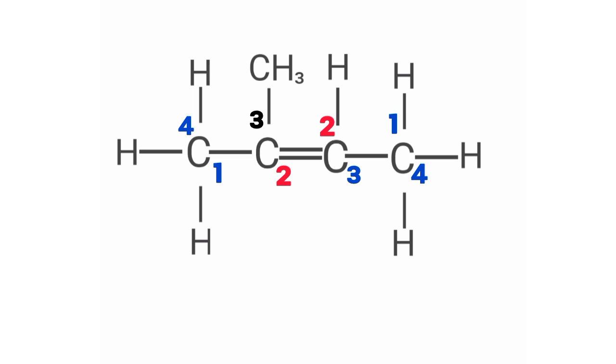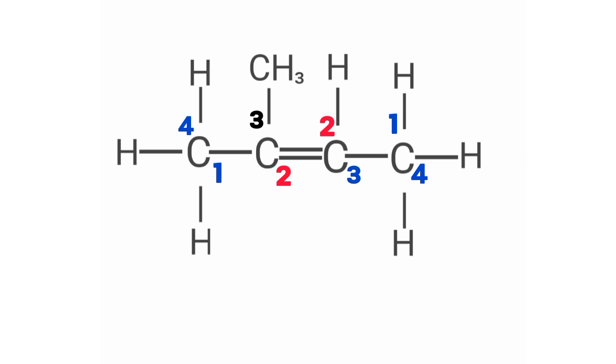Now, in this case, where both numberings give us the same number for the double bond, do we just choose any of these numberings? Now, look closely. What do you notice? If we number from the left to the right, we have our substituent methyl on carbon 2. If we number from the right to the left, we have our substituent methyl on carbon 3.